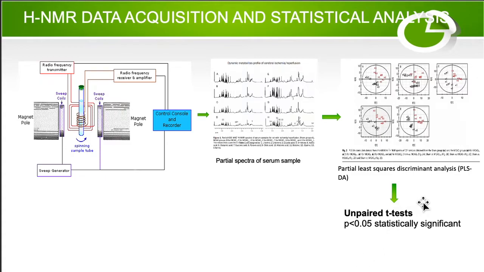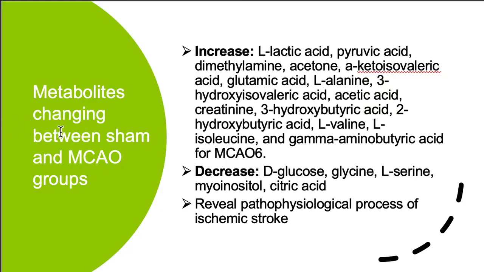In addition, the data were expressed as the mean plus minus standard deviation and the p-values. If it's smaller than 0.05, then it indicates statistical significance in metabolite changes between sham and MCAO groups.